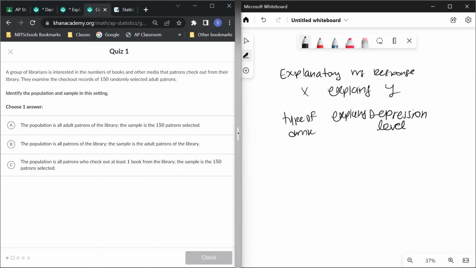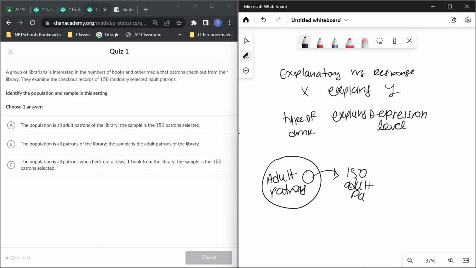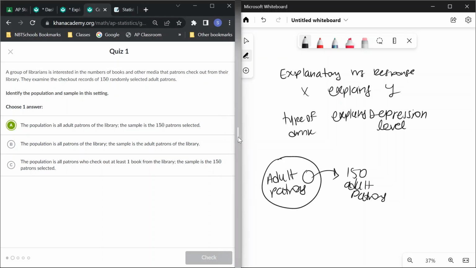So, the population is the adult patrons, and the sample is 150 adult patrons. So population is all adult patrons of the library. The sample is 150 patrons selected.